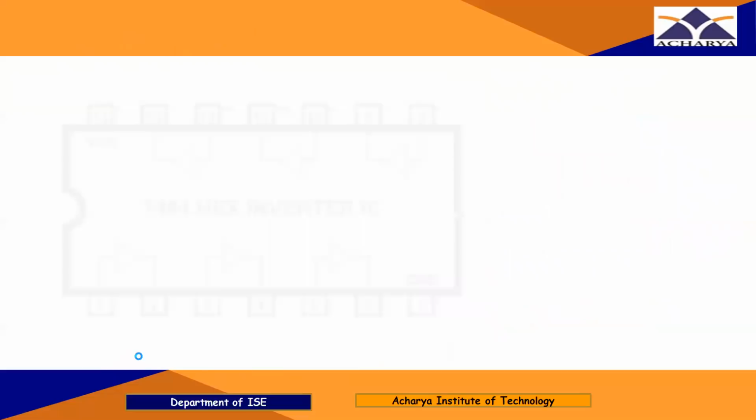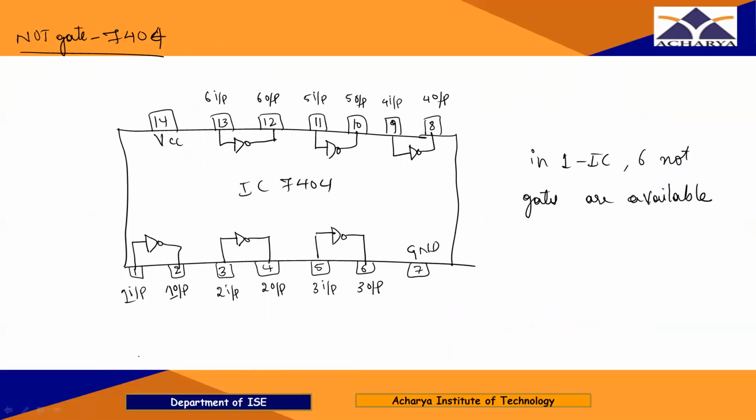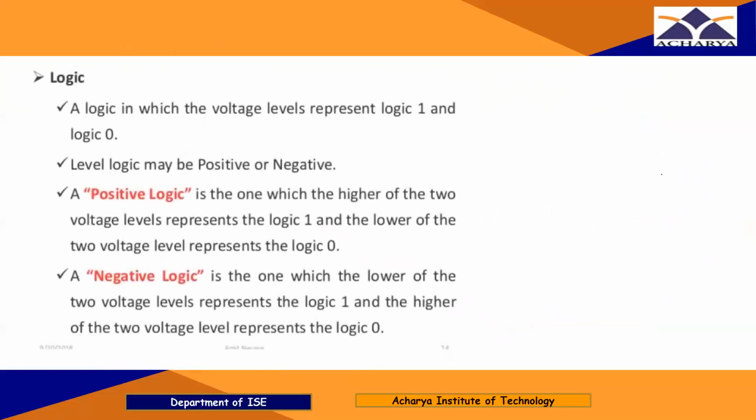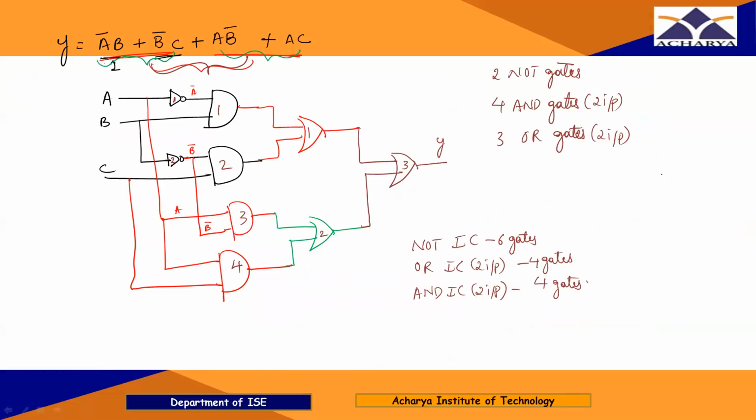If it is a NOT gate, 6 NOT gates are available in one IC. See here, in one IC there are 6 NOT gates. Now, for this circuit, these are the gates required to rig up this circuit.